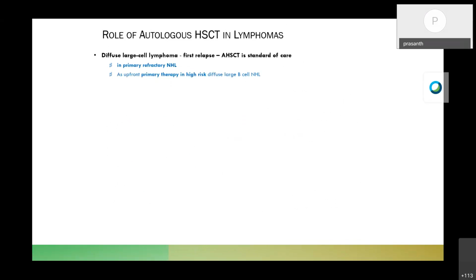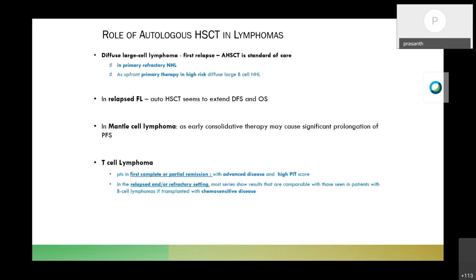In lymphomas, it's mostly done for relapsed lymphomas because once they relapse, generally they are considered to be resistant to chemotherapy, and you need high doses of chemotherapy to eradicate the disease. Hence, for most of these lymphomas in the relapse setting, we use high dose therapy with autologous stem cell rescue, and that can cure. There are a few lymphomas where we do it in the upfront setting, like mantle cell lymphoma or T cell lymphomas.